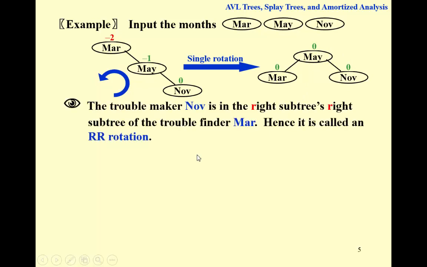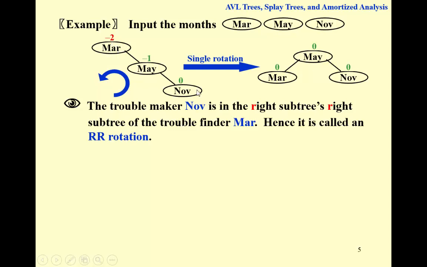In general, we see that this troublemaker is November because it's the insertion of this node that caused the unbalance. So the troublemaker is in the right subtree of the trouble finder. The trouble finder is March. March is called the trouble finder because this is the first node that signals the trouble.